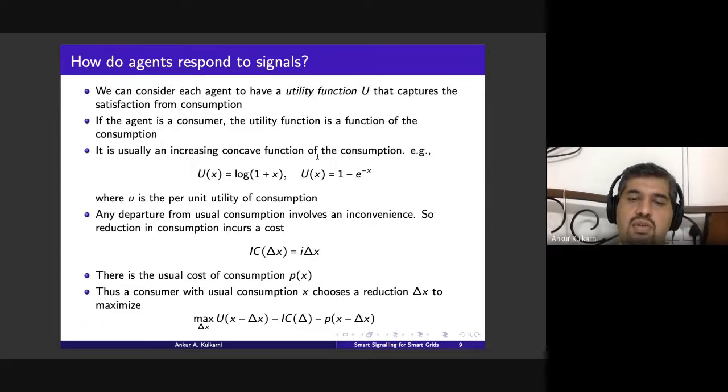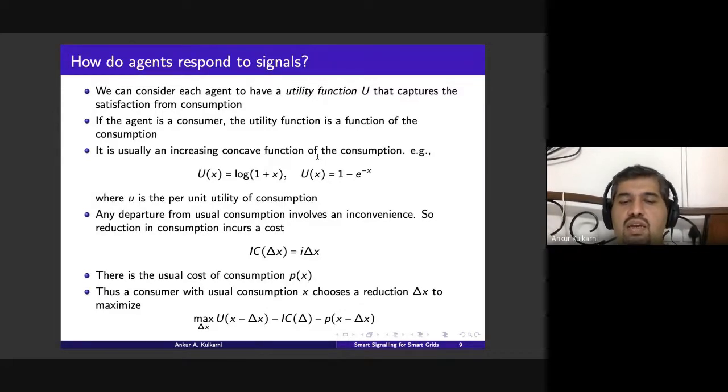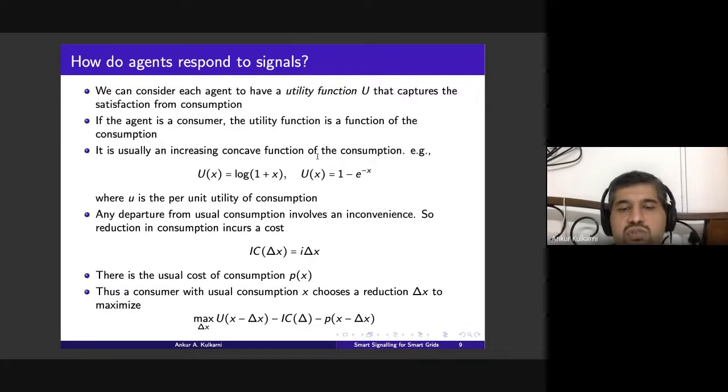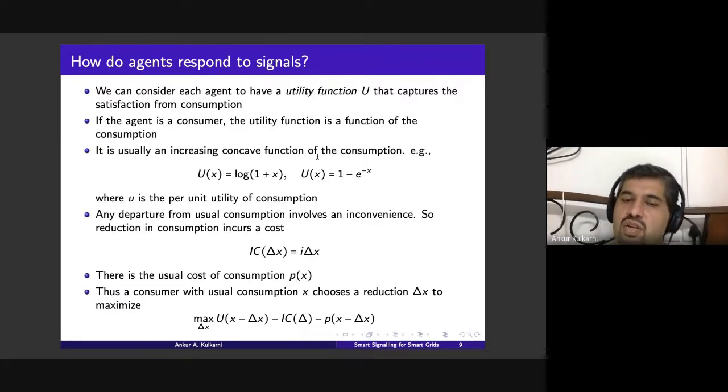Suppose I ask this consumer to reduce his consumption by an amount delta x. Now when he reduces his consumption by delta x, we can posit that not only does his utility reduce because he's consuming less, but he also has an inconvenience associated with it, because it's a change from normal.